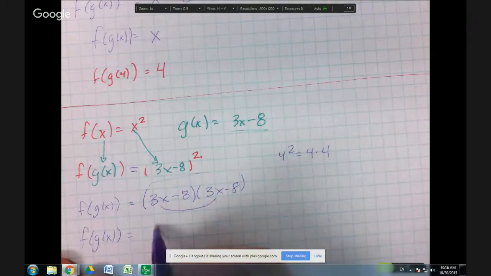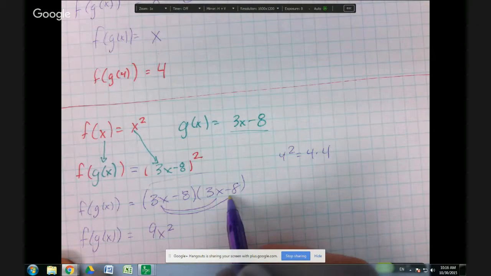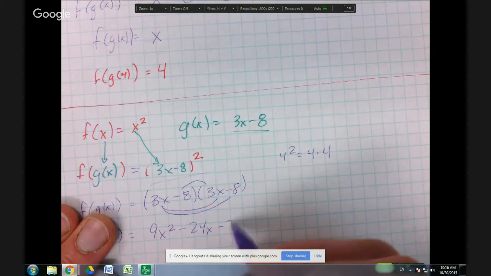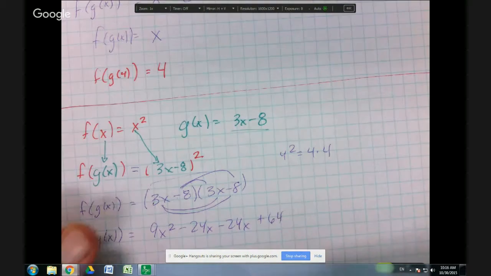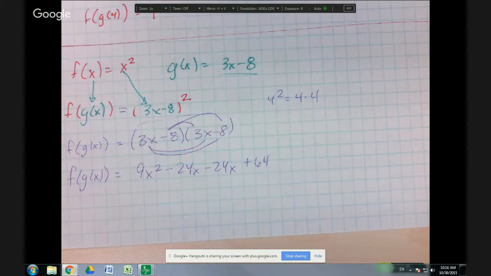First, outer, inner, last. FOIL. Your plan has been foiled.